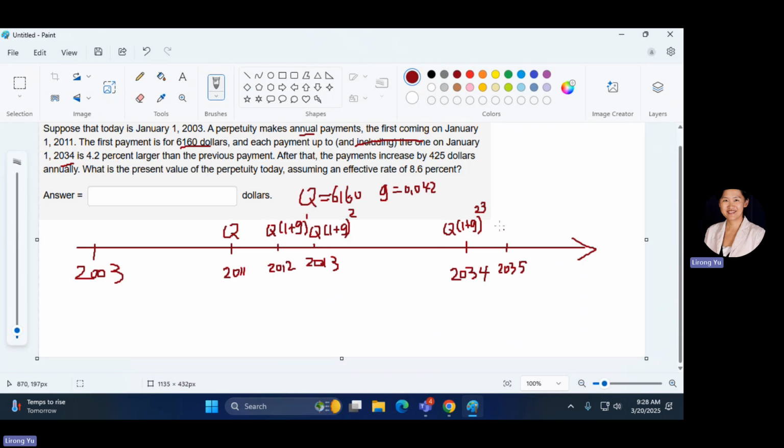So we have this amount, which will still be there: Q times 1 plus G to the power of 23, call that P. P increases by that much every year, and then it continues.